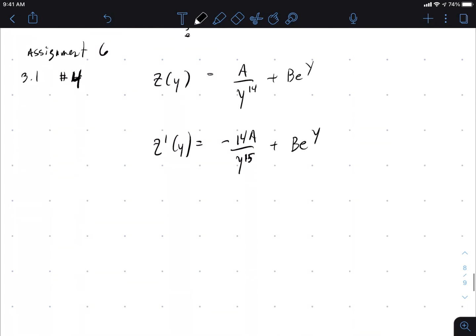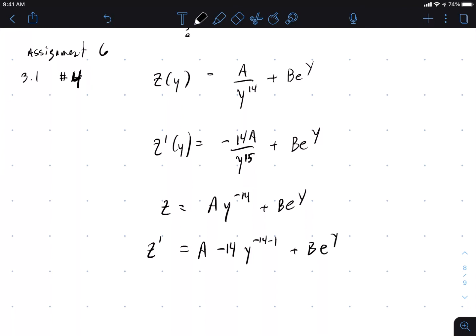Okay, let me do it so you can see. So if I have z equal to a y to the negative 14 plus b e to the y, okay? The power rule tells me the negative 14 is going to come out front, correct? Y to the negative 14 minus 1, agree? Then b, what is the derivative of e to the y? Isn't it itself?